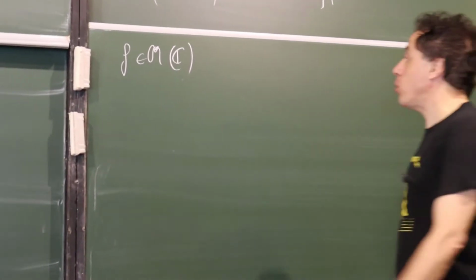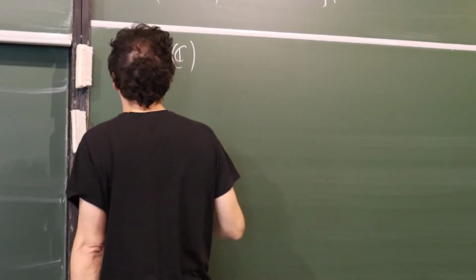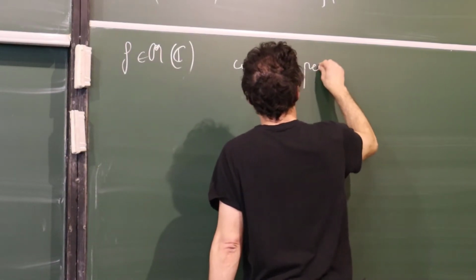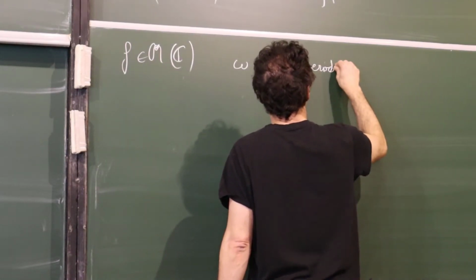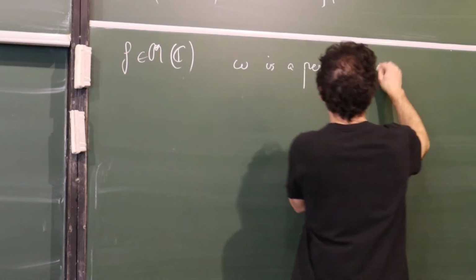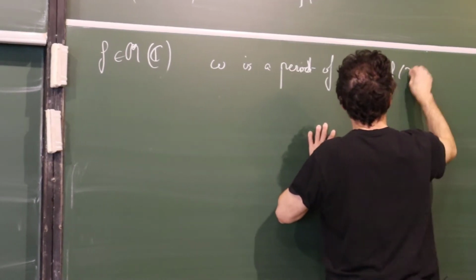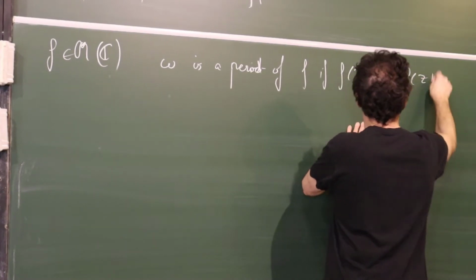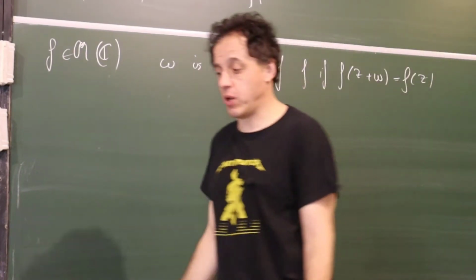Okay? So we will say that the number omega is a period of f if, of course, f(z plus omega) equals f(z) for every z, we have this equality.